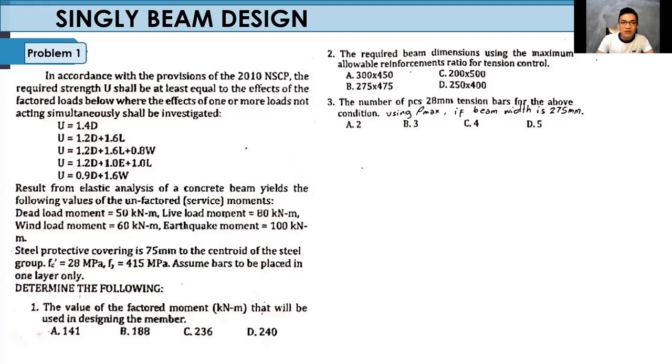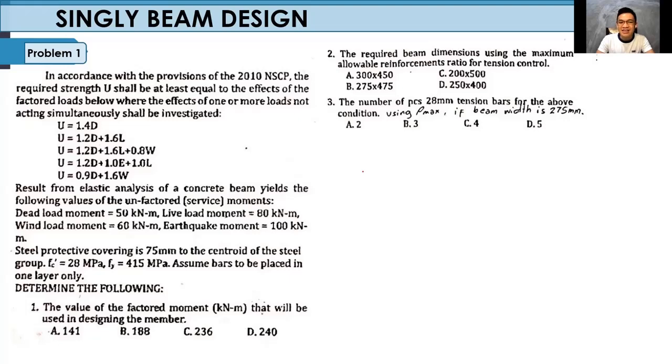Okay? So results from elastic analysis of a concrete beam yields the following values of the unfactored or shall we say service moment. So dead load moment natin is 50 kilonewton meter. We have live load moment 80 kilonewton meter. Wind load moment natin is 60 kilonewton meter.